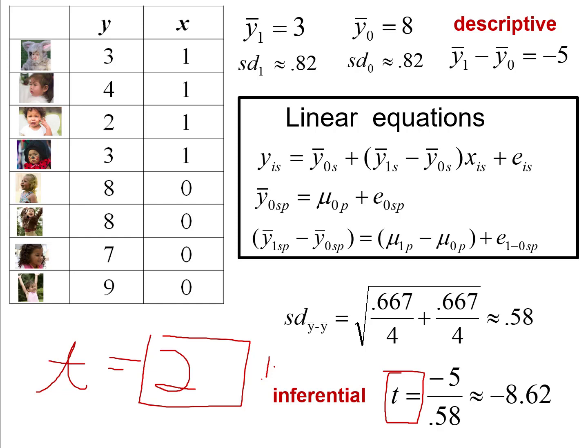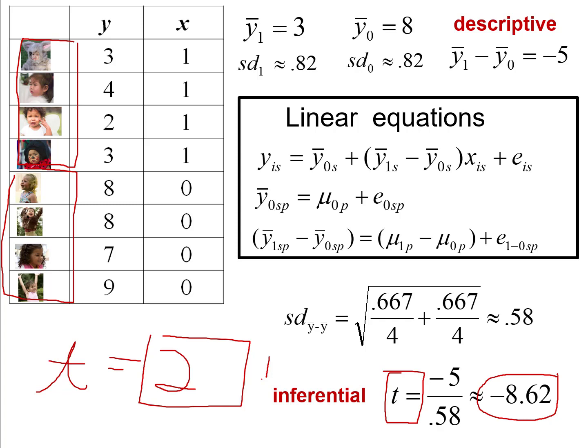That means we would reject the null hypothesis and claim to have detected a non-zero effect. The null hypothesis was that there was no difference between these two groups, that my treatment group had the exact same mean in the population as my control group. But in this study, I get this significant t-value, and it's so large that it would be incredibly rare to get a t-value this large if the null hypothesis were really true.